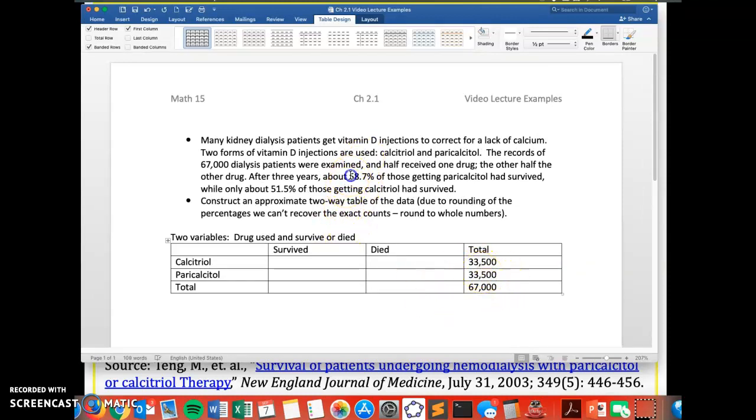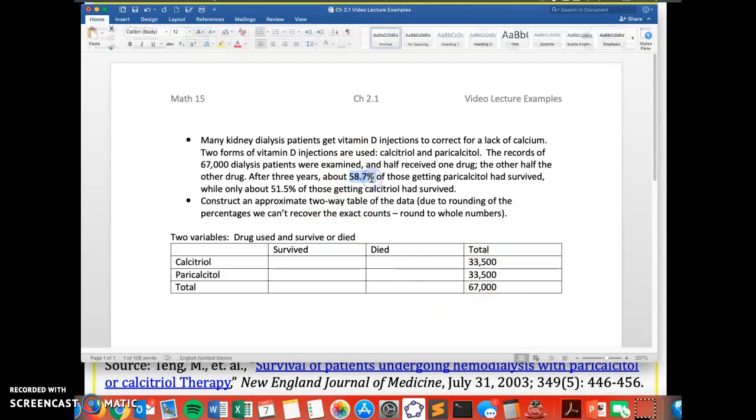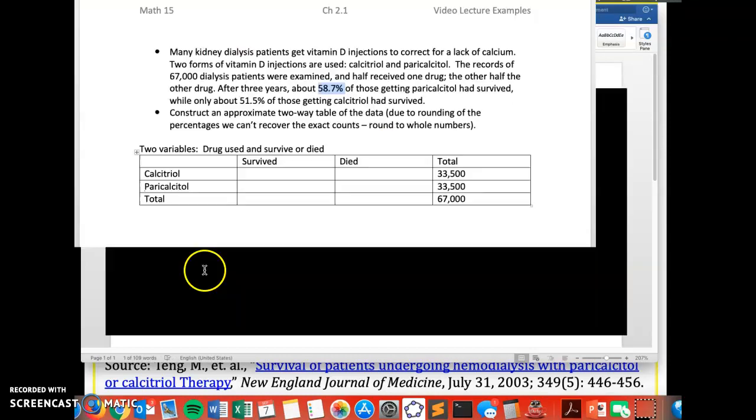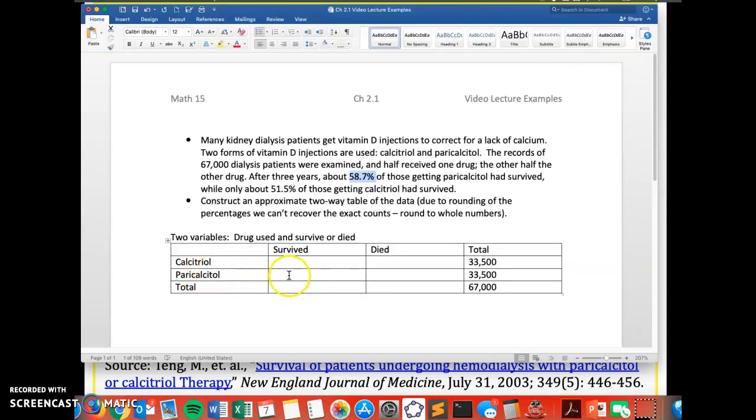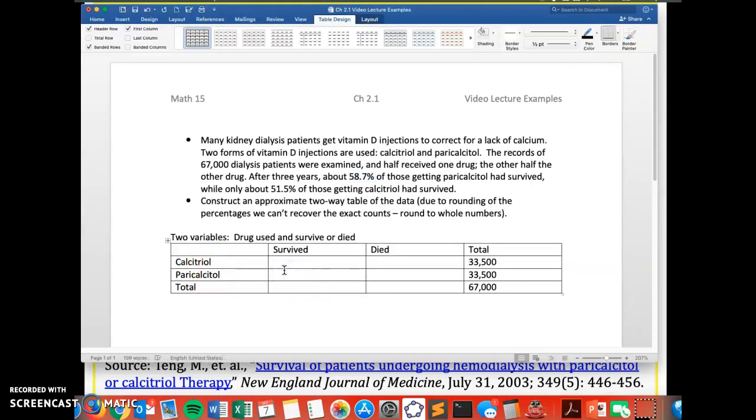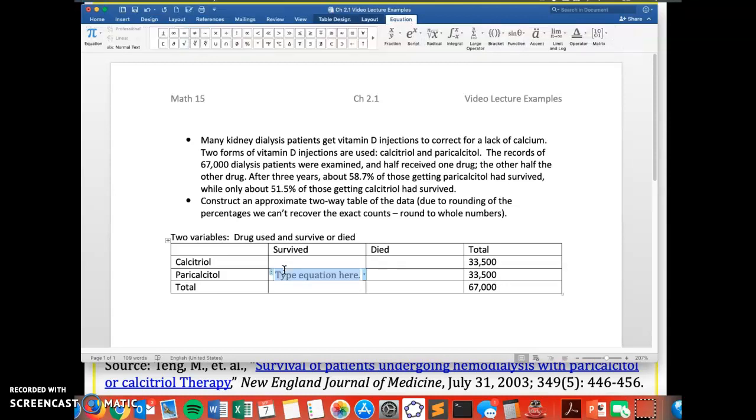Now I need to look at this number, the 58.7%. That's the survival rate of those getting the paracalcitol. So in this cell right here, what I need to do is calculate, you can do this on the side of the cell, but I'm going to do it in the cell right now so you can see. 58.7%, I need to turn that into a decimal, and now I'm going to multiply that by the 33,500.